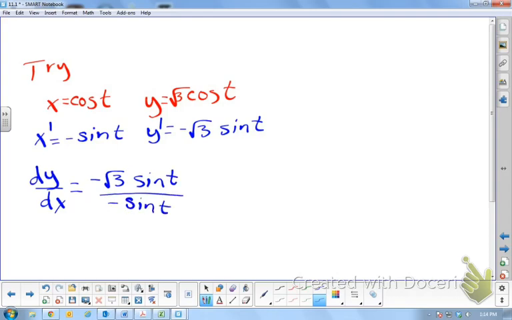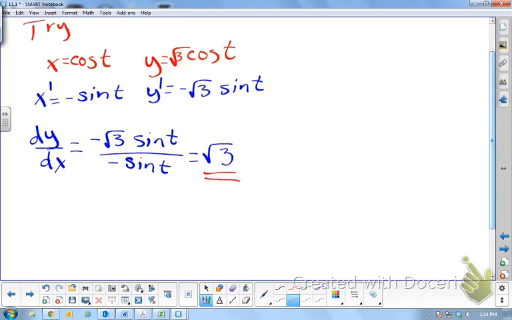So first derivative, none of you guys had trouble with. Stuff can cancel though. So we just have square root of 3. Second derivative, we need the derivative of this piece. So what is the derivative of square root 3? 0.